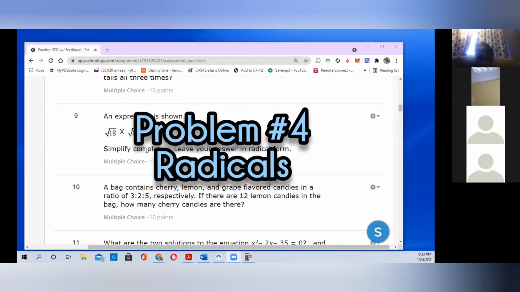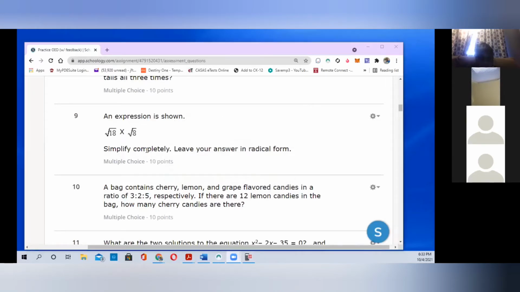Simplify the square root of 18 times the square root of 8. Now you can't really send that in the chat because you can't really put the square root symbol. So we'll just go over it when the 1.5 minutes is over.